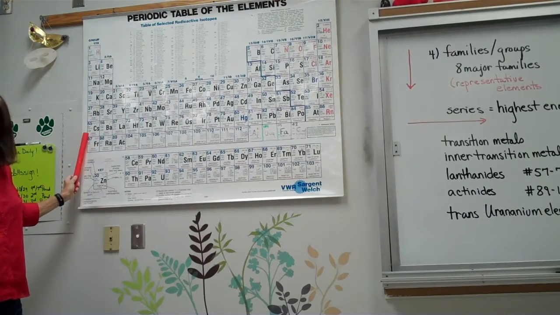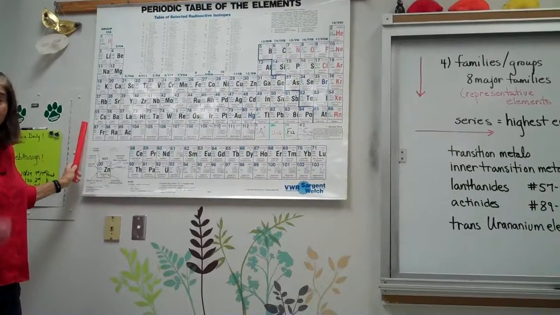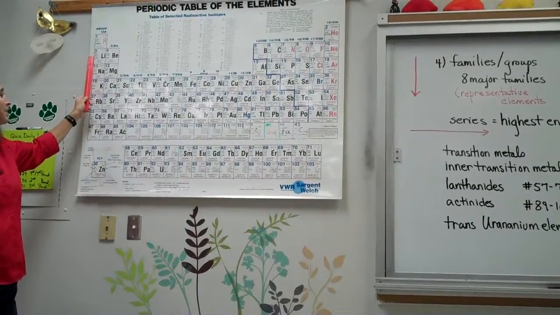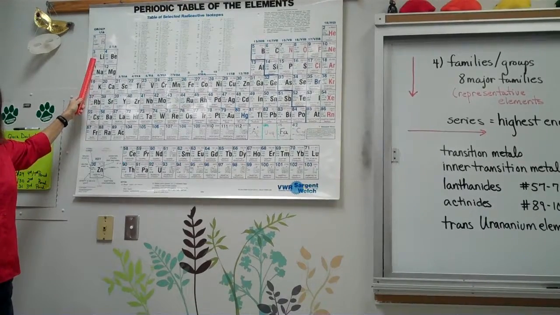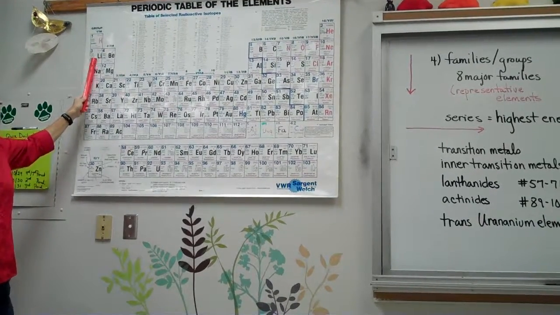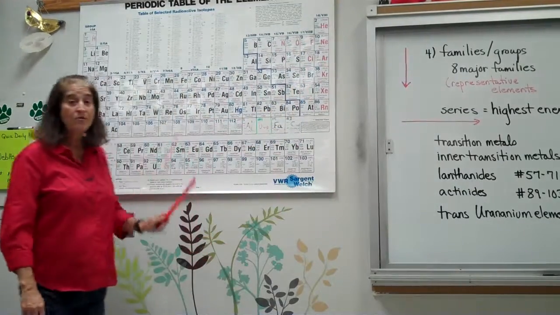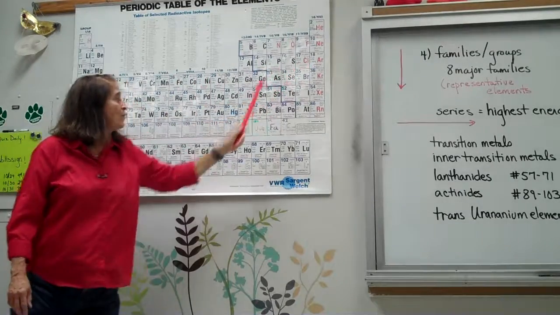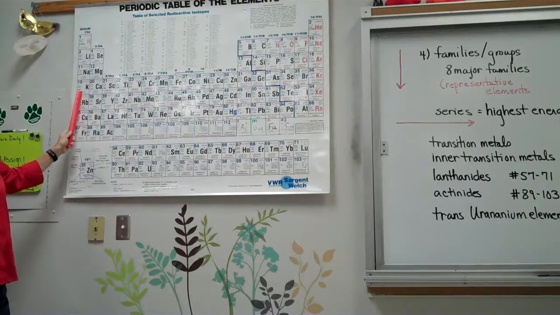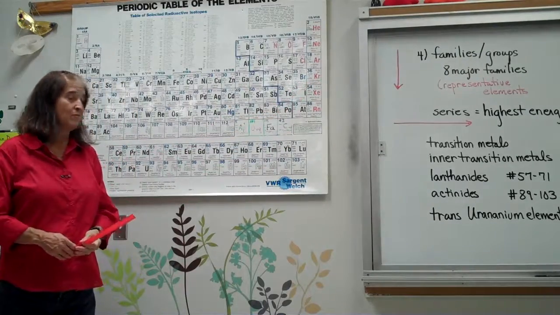And that tells us the highest energy level, S's and P's. So if you're asked to look at the second series, either a series or a period is a horizontal row. This is the second series, lithium through neon. The third series is sodium through argon. And the fourth series would be potassium through krypton on the periodic table.